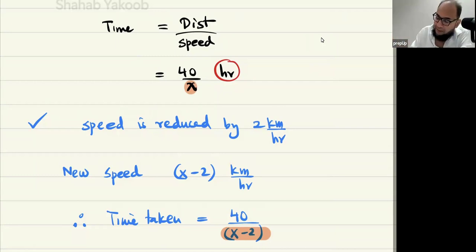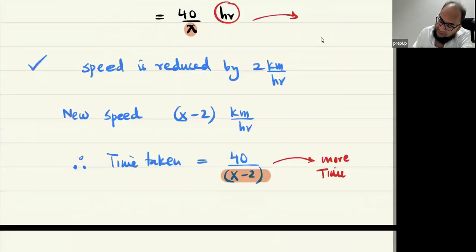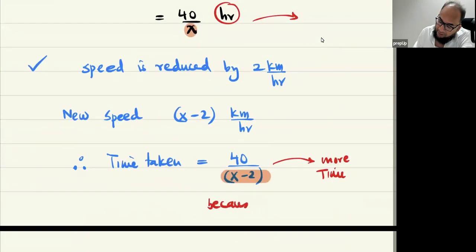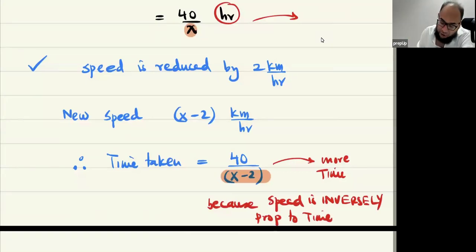So therefore, this one is more time, because speed is inversely proportional to time. If we reduce the speed, time increases. Make sense?